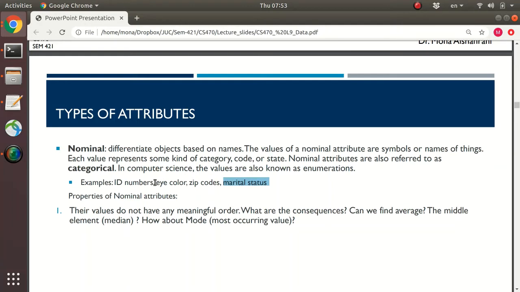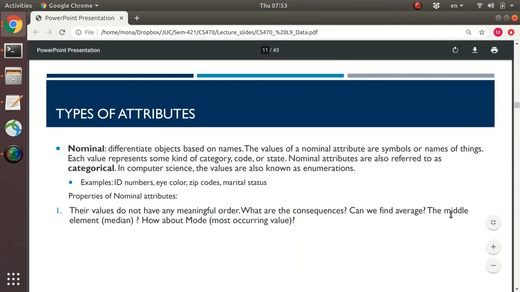Similar to eye color or zip code or marital status, they don't follow any order. And what does that mean? Can we compute averages? Can you compute the average of a number of ID numbers, for example? No, we cannot do that. We cannot find the middle element because we cannot order them. But we can find the mode, or the most occurring item value.